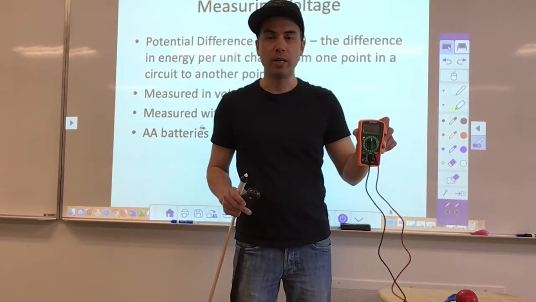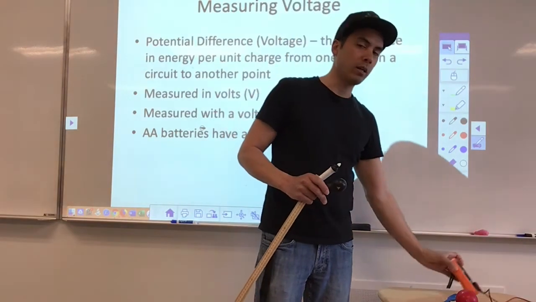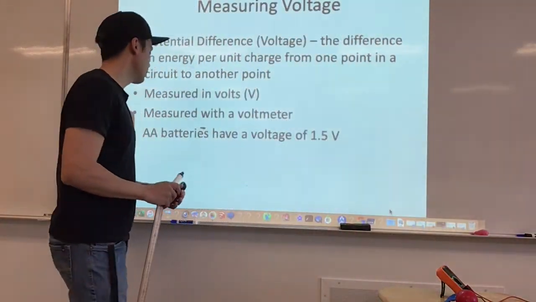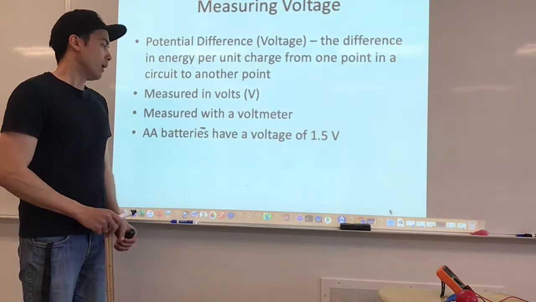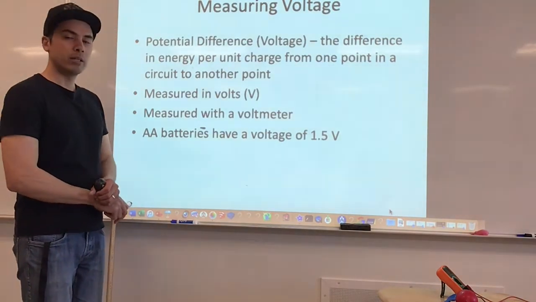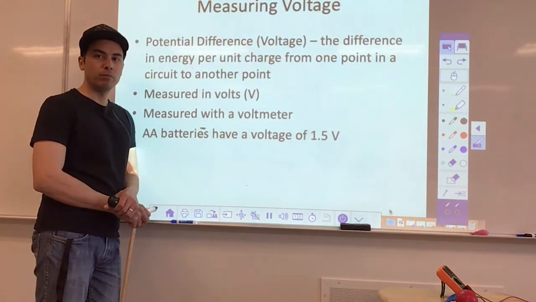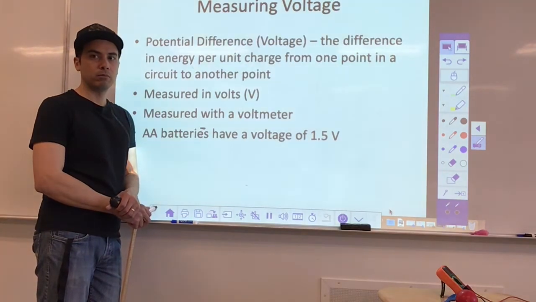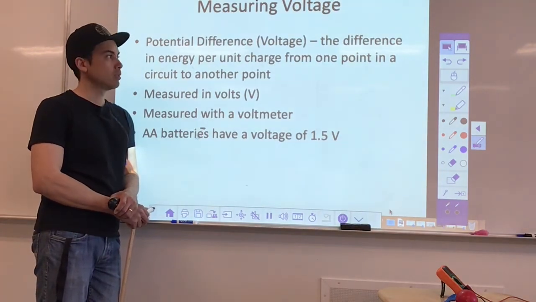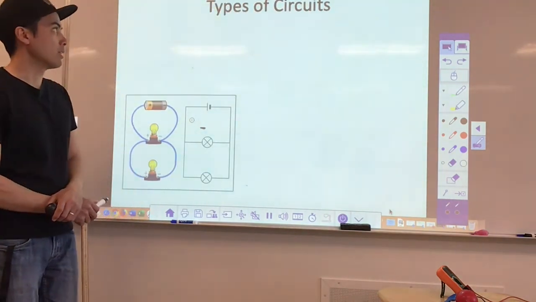Like I said before, all we have is this multimeter, but it measures everything, and so that's typically what we use. If you look at some of your batteries at home, typically they're 1.5 volts. That's the energy that they can supply.